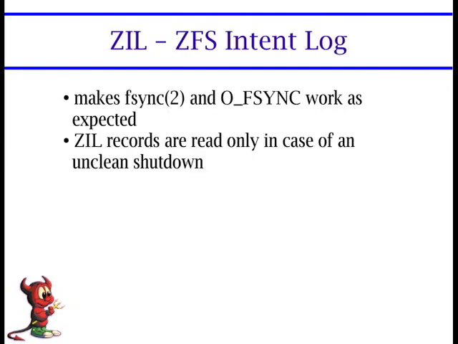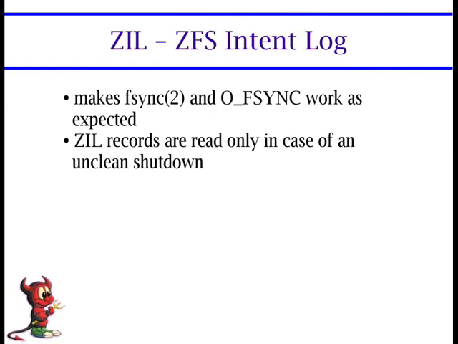Okay, but ZIL is something people confuse with regular journaling in file systems. The ZFS Intent Log is not there to maintain ZFS consistency. It's only because we need fsync to work, because ZFS transactions are committed to disk every 5 seconds by default. So it doesn't play well with fsync.